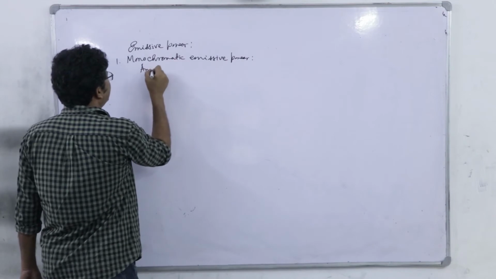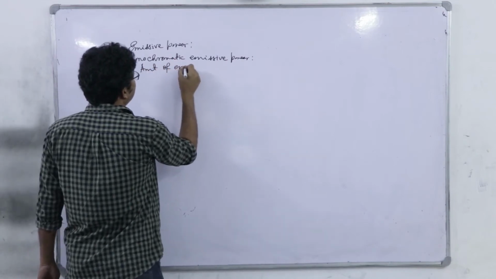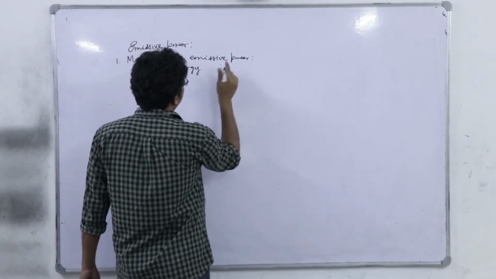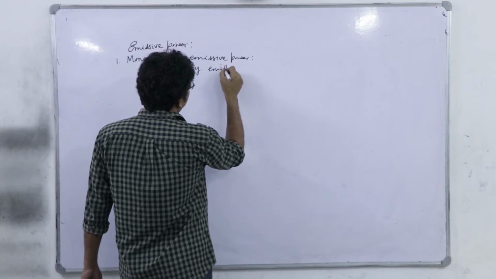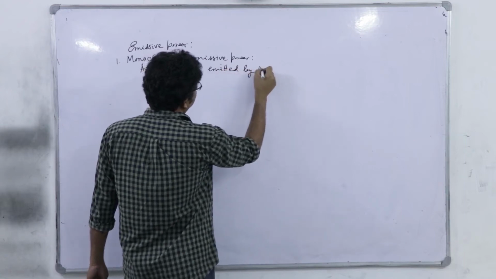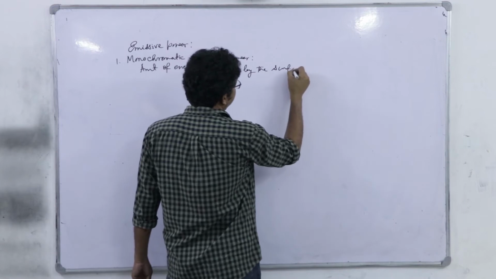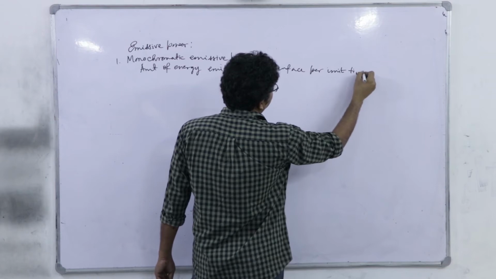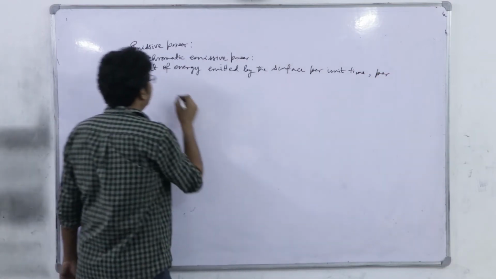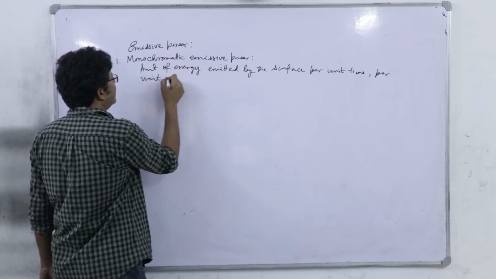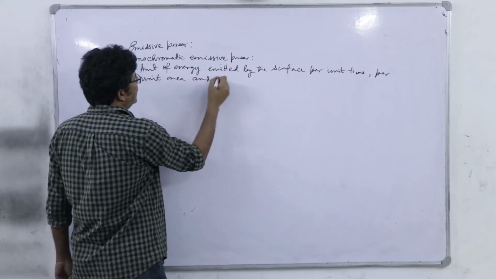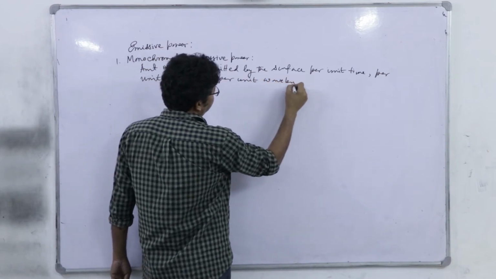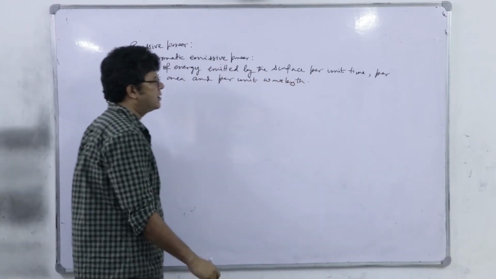There is the amount of energy radiated or emitted by the surface per unit time, per unit area, and per unit wavelength, right.